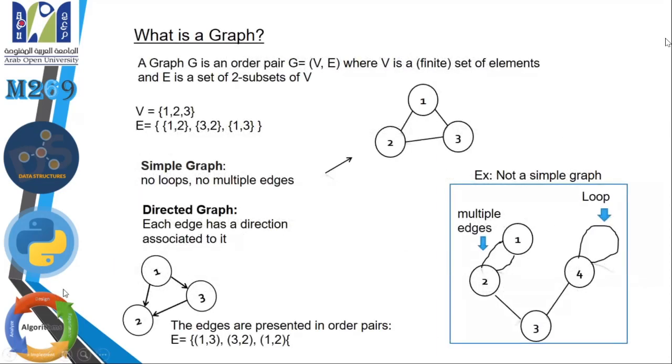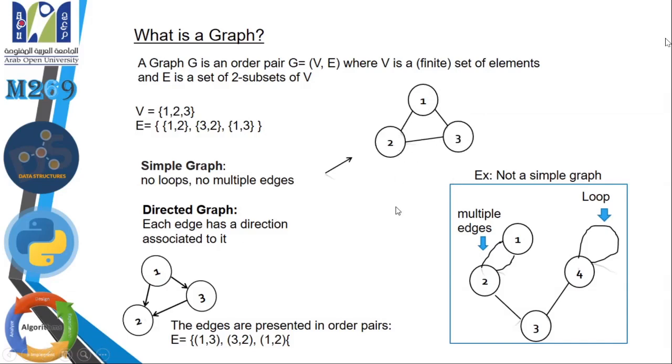Now, let's go one more step. A graph is an ordered pair, which means that a graph contains vertices and edges, where V is a finite set of elements. That is a vertex, that is a vertex, and it can represent anything. As we saw, it can be cities, countries, or buildings.